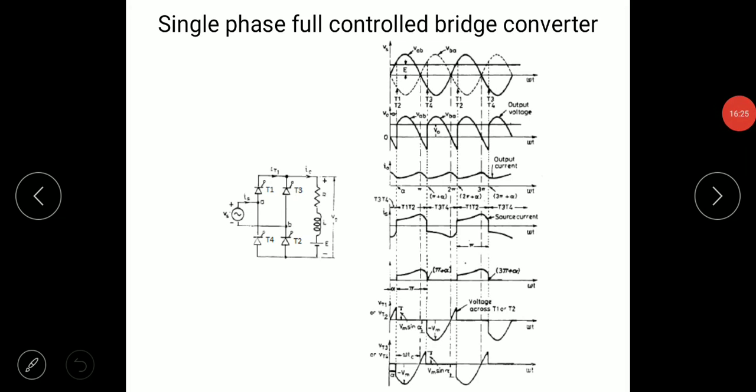And here we can also observe that at some instants the voltage is negative, but the current is always positive. In these regions, the power has become negative because the voltage is negative and current is positive. At some instants the power is negative, and at other instants the power is positive, where the voltage and current are both positive.